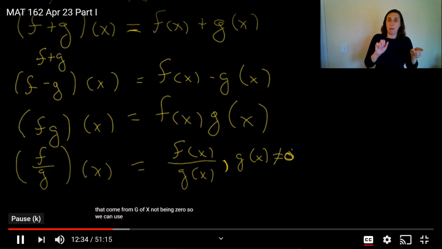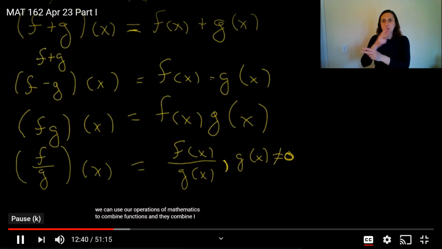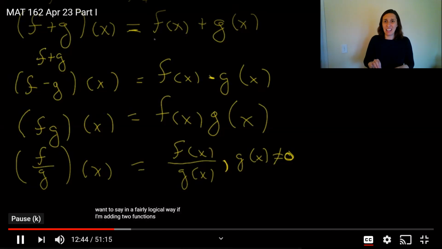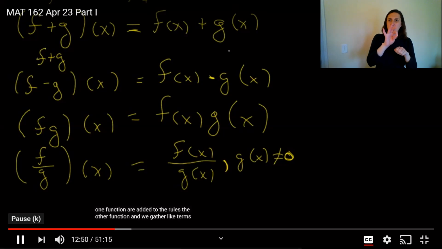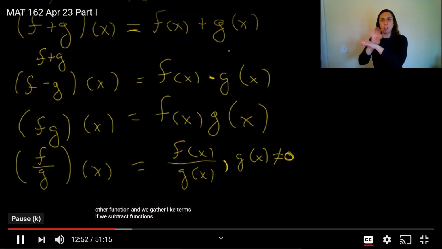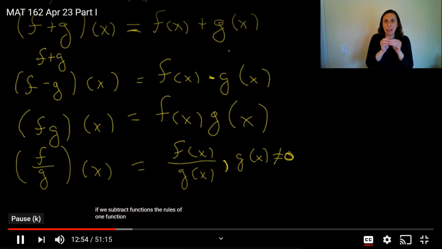So we can use our operations of mathematics to combine functions. And they combine, I want to say, in a fairly logical way. If I'm adding two functions, the rules of one function are added to the rules of the other function, and we gather like terms. If we subtract functions, the rules of one function are subtracted from another function, and we gather like terms.